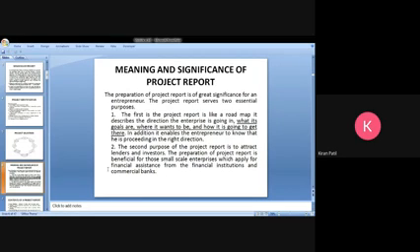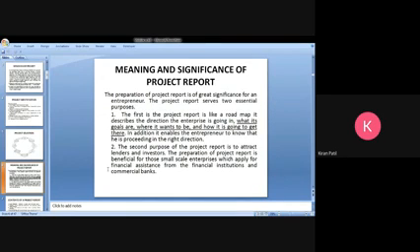So the second purpose is, for example, I have an idea, I want to convert this into a project. I've done all the market research and everything, but what I lack is capital. So in order to attract that capital, in order to attract the investors, I need to present my idea to them.